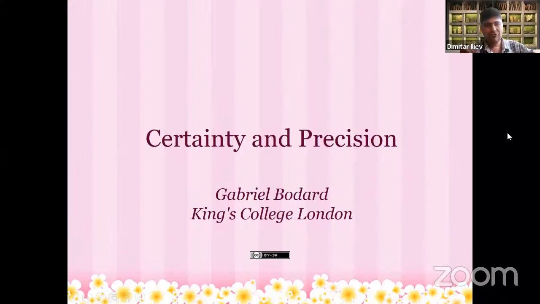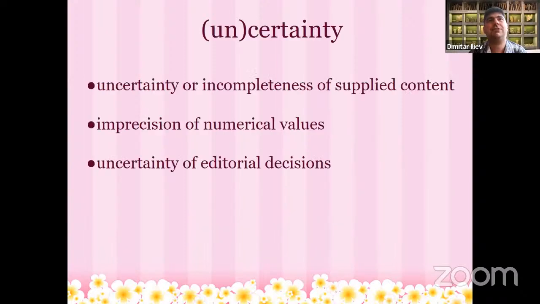So once and for all, to make things clear: when do we have to deal with certainty, when do we have to deal with precision, how to distinguish between both, and when exactly can we use it. Certainty or uncertainty deals with the uncertainty or incompleteness of supplied content.